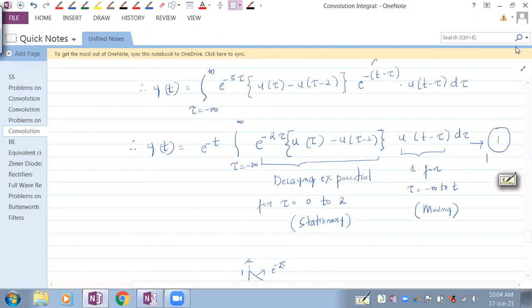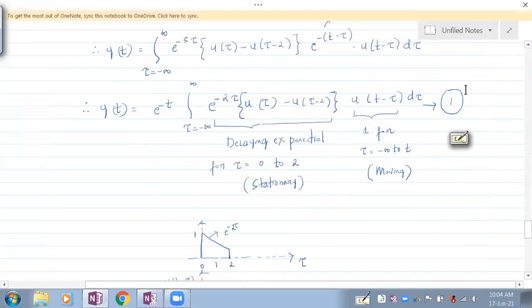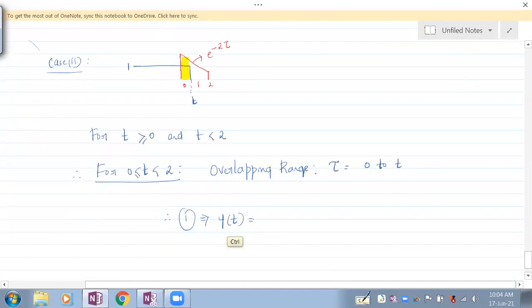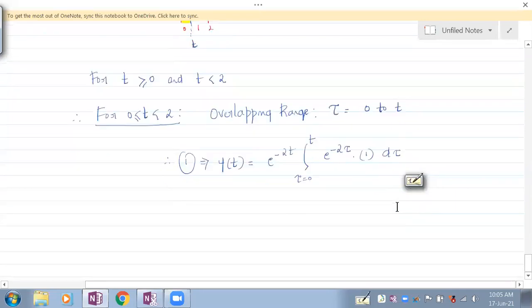So it's e power minus t outside the integral, and within the integral it is 0 to t now, because the overlapping range is that, and in that range you have e power minus 2 tau into 1 and d tau. That's it.